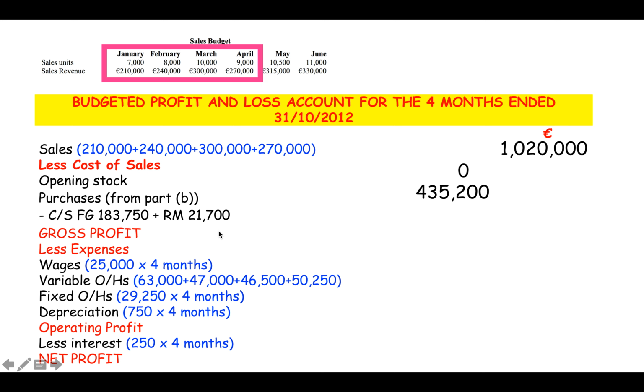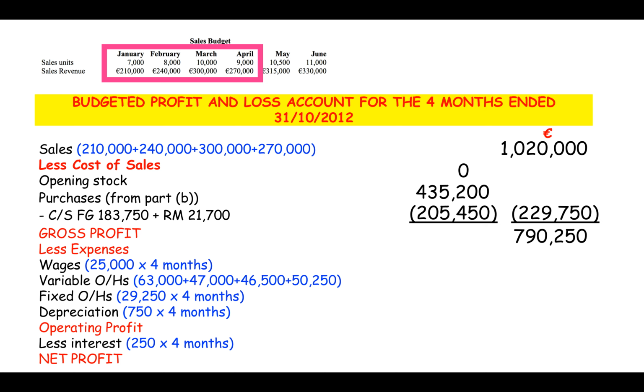How did I get that? Well, it was 10,850 closing stock of raw materials, so closing kilos, multiplied by €2 that each kg costs. So that is minus 205,450. So that is the cost of sales, 229,750.